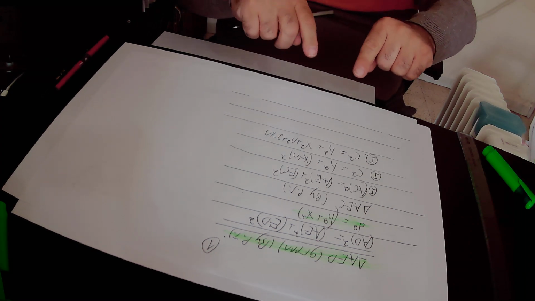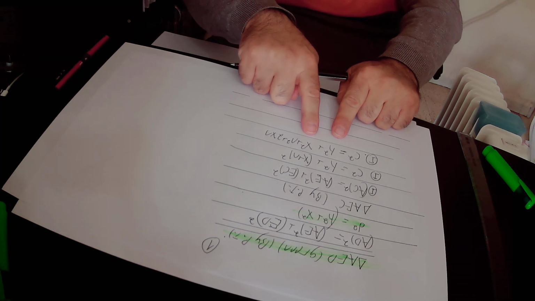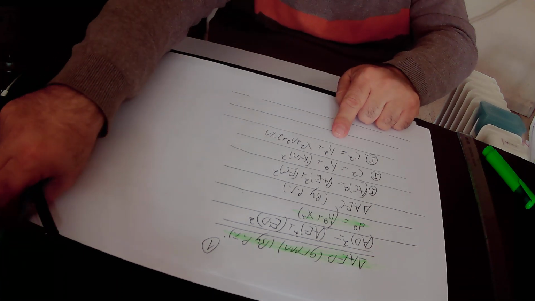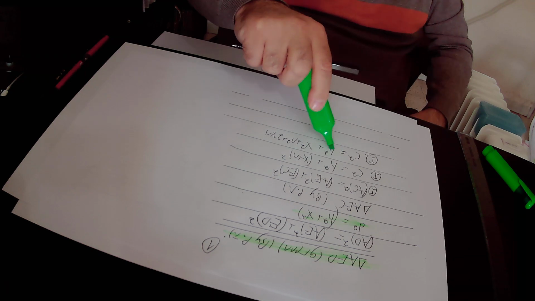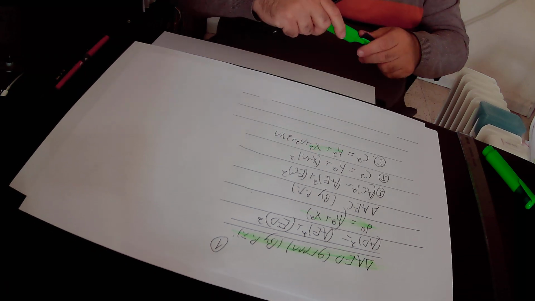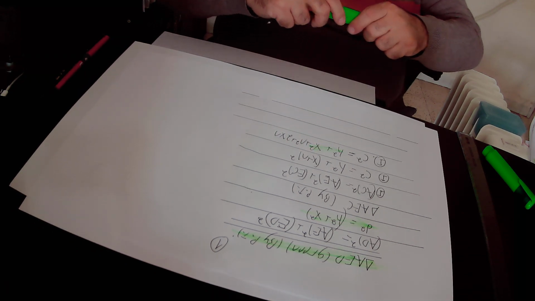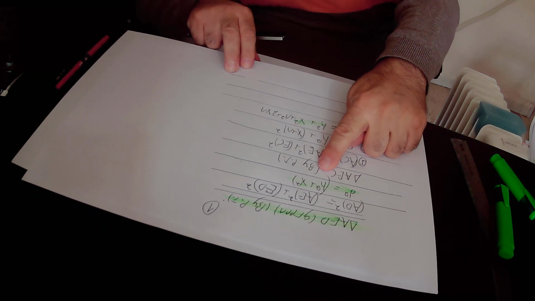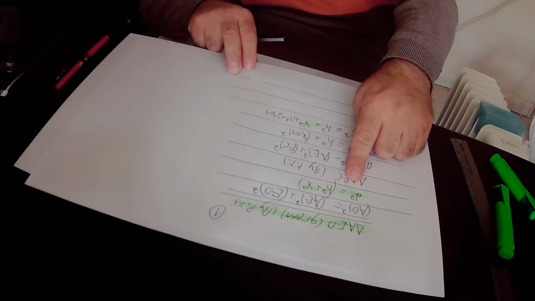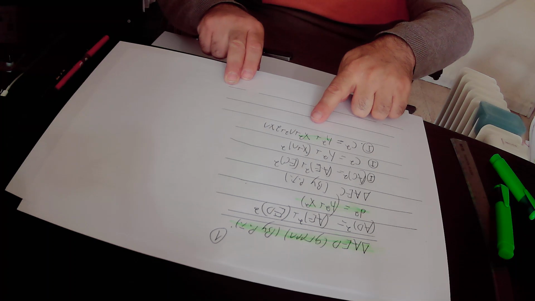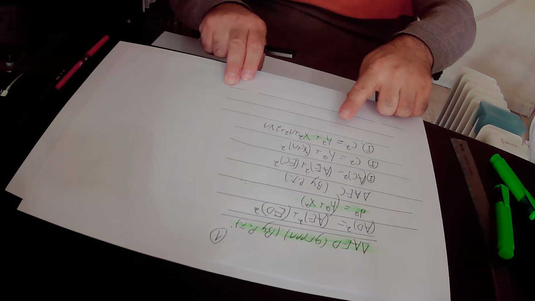In this equation number 1, we have h squared plus x squared, and we have already found out that h squared plus x squared equals d squared. So we substitute h squared plus x squared in this equation number 1 by d squared.